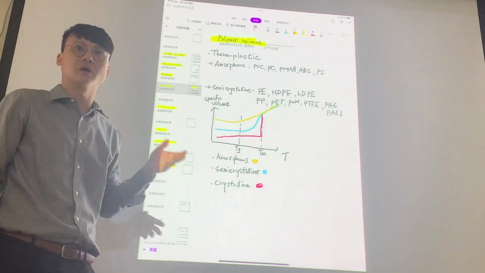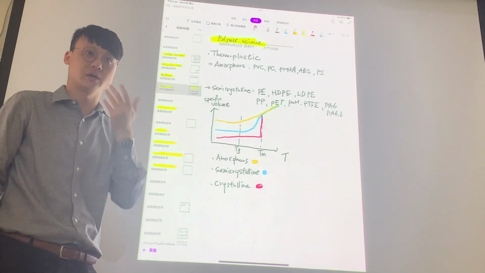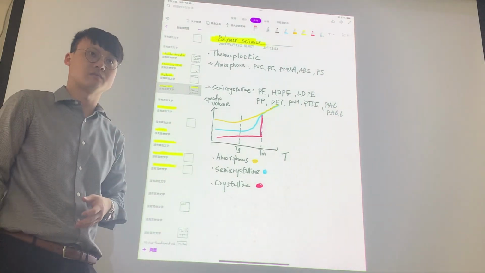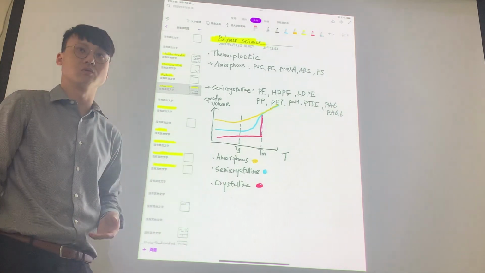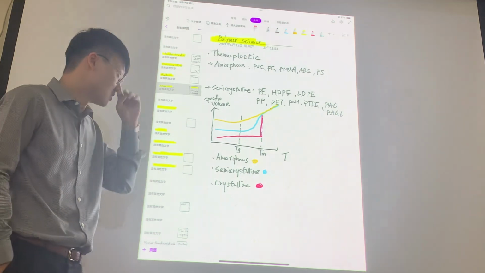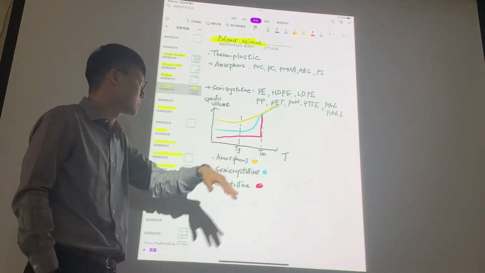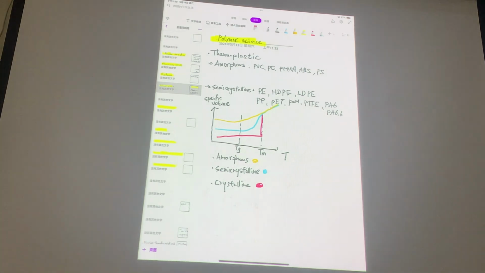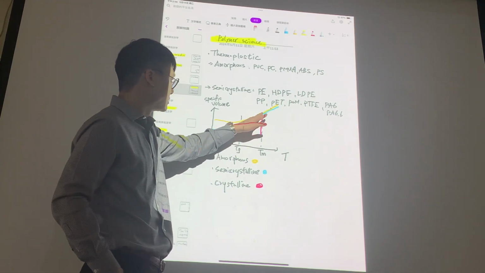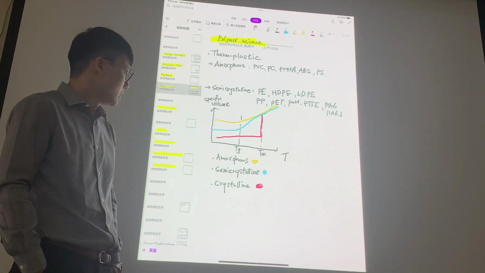Crystalline, as we all understand, has a melting point. There's no debate for that. Semi-crystalline, which is the regime between amorphous and crystalline, will have a glass transition temperature and a melting temperature. When you draw the curve, it is over here. Let me make this curve a little bit better. Over here there's a slight curve, and then there's a melting that goes up.